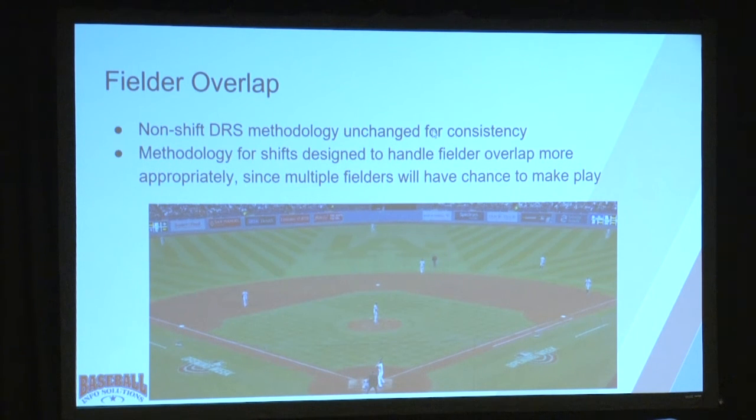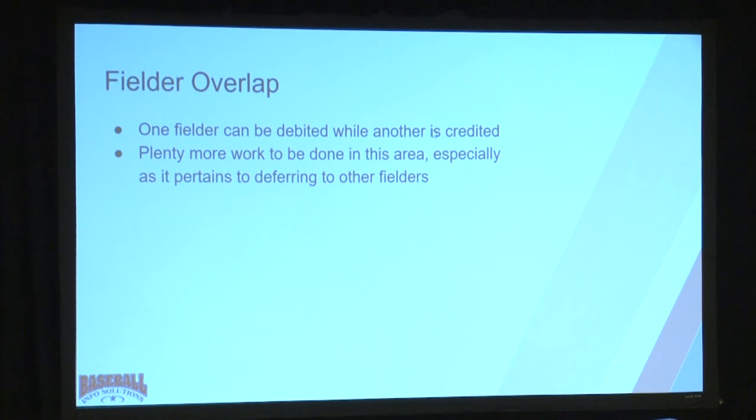The ball can get by one player and still be fielded by a player behind him. In pretty much every other system, all that would happen is that the deeper fielder would receive some credit. But in this new PART system, we're able to granularize that and debit one fielder while crediting another.